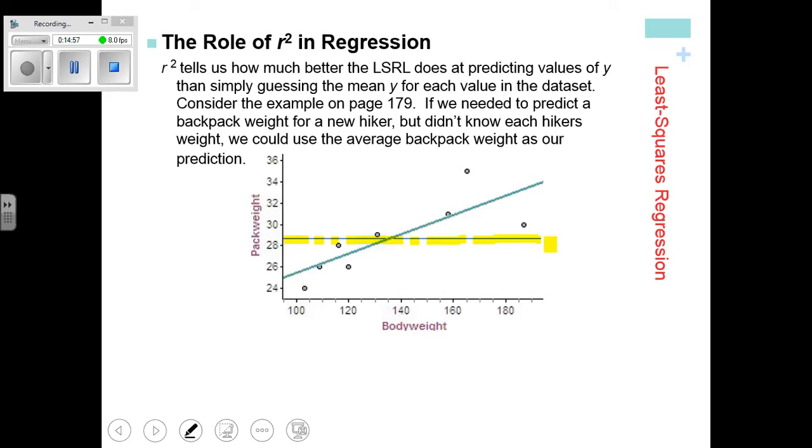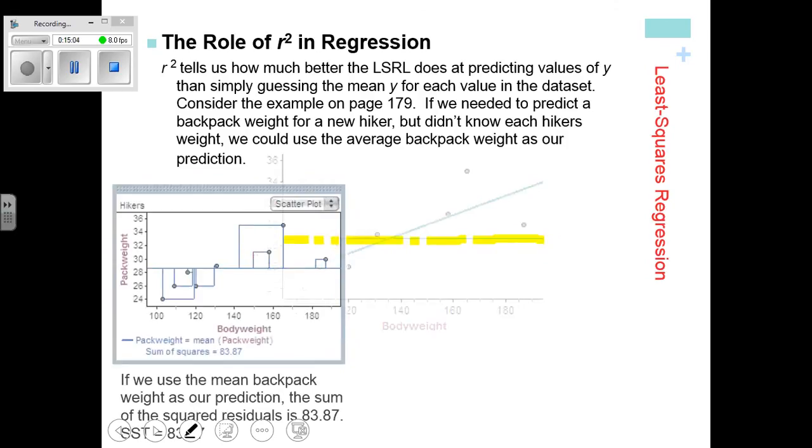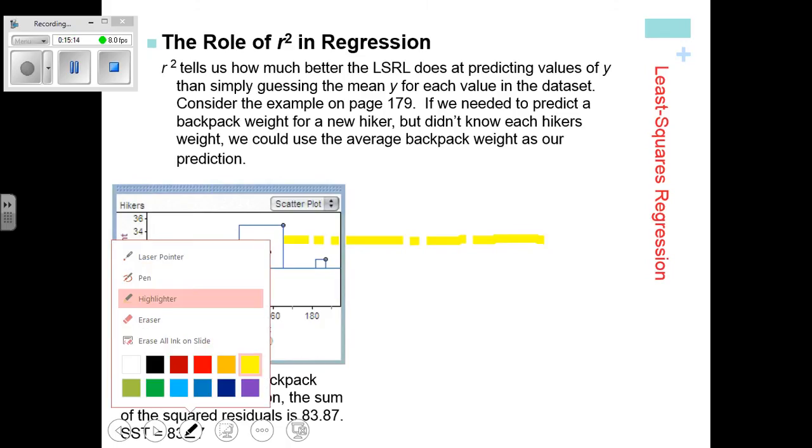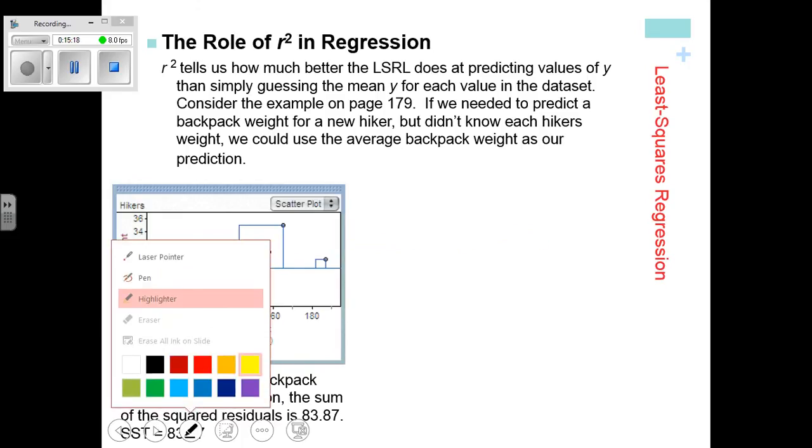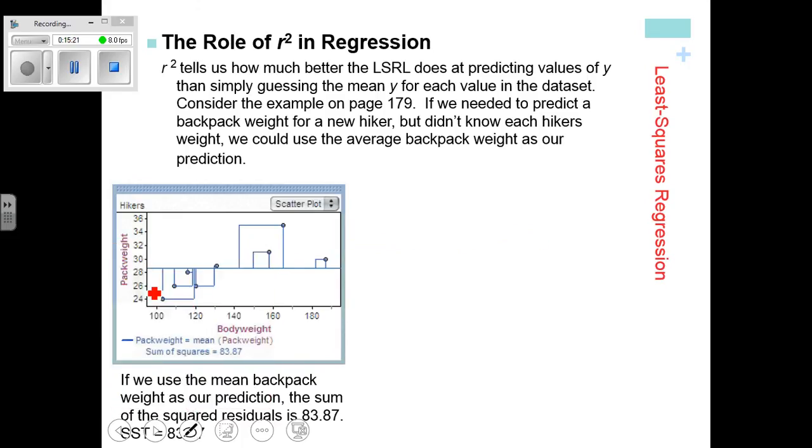So r squared is telling us how much better it is to use this green least squared line as the prediction instead. If we look right here on Fathom, it shows the sum of the squares. Here are our squares, and all the squared residuals for that. If we sum up all these residuals, we're getting the sum of the squares to be 83.8.